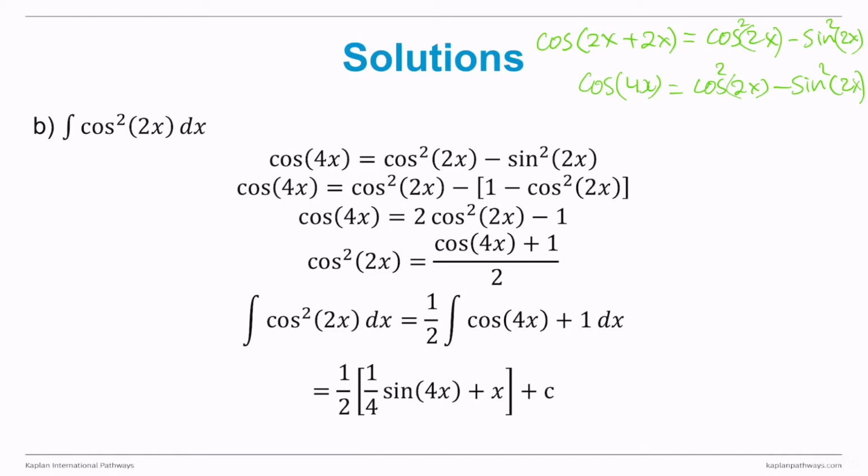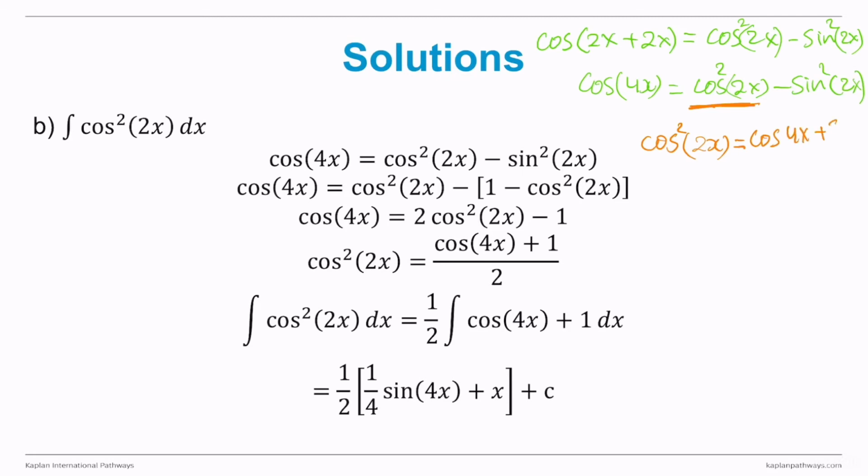And therefore cosine squared 2x is going to be equal to cosine 4x plus sine squared 2x.